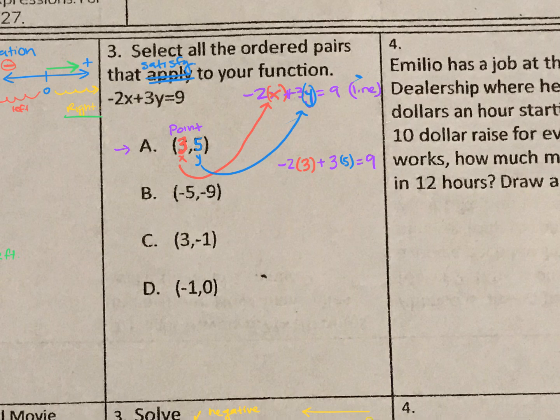So now let's go ahead and do this math. Negative 2 times 3 is negative 6. Plus 3 times 5, that's 15. Bring down your equals, 9. Remember, always bring down everything you didn't use. Keep your algebra in order. Now, be careful with integers.